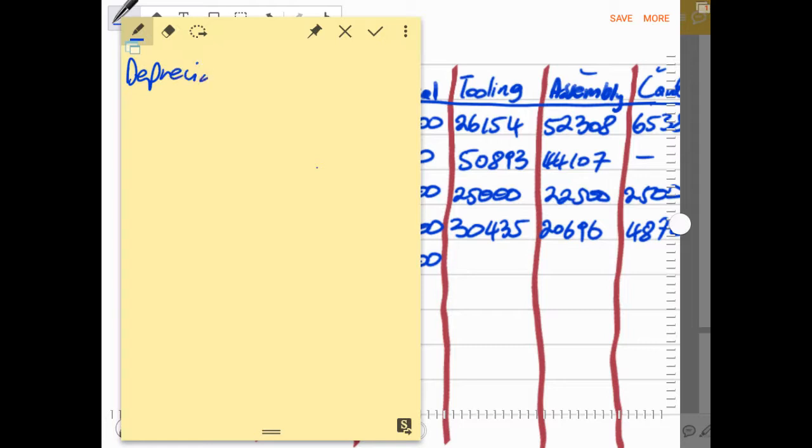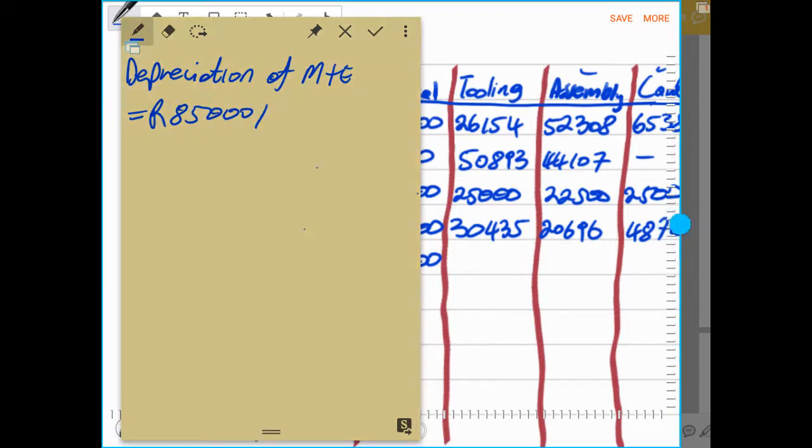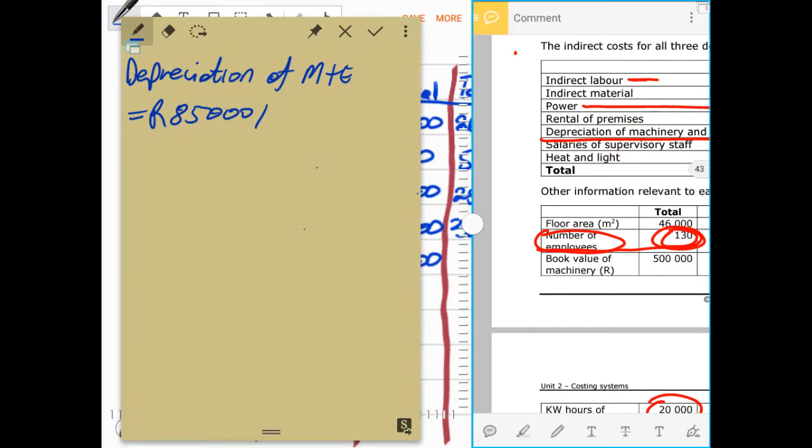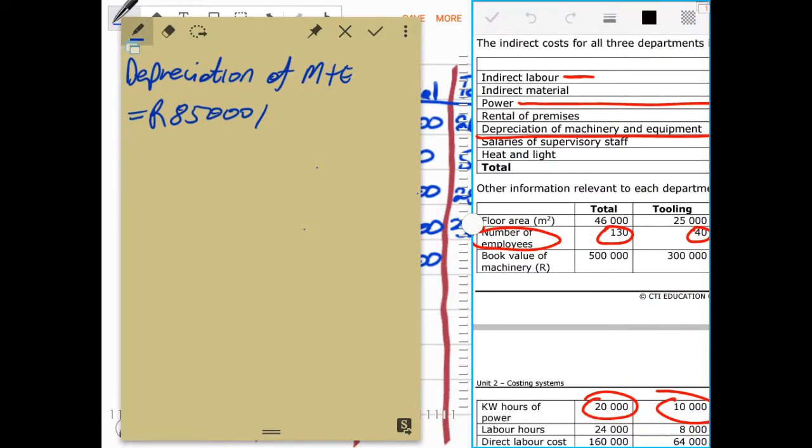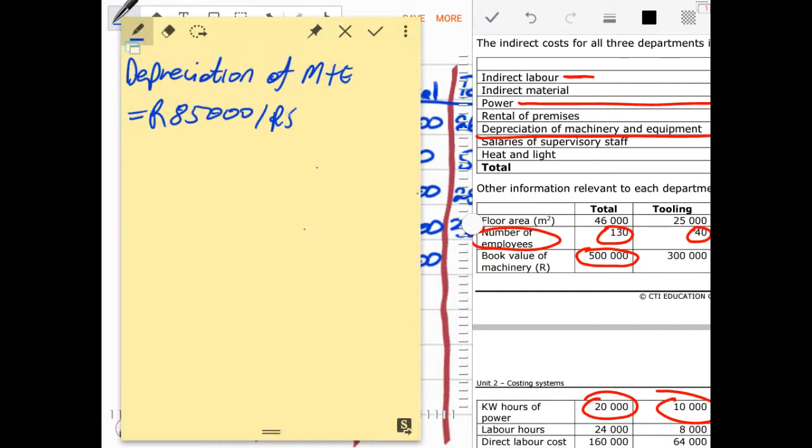Remember, always calculate your rates. Depreciation of machine and equipment is the total of 85,000 rands divided by the total base. The total base is the total value of all the machines and equipment in all three departments, and the total is 500,000 rands.